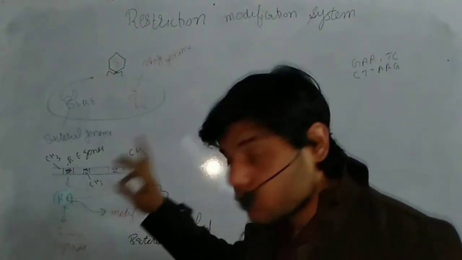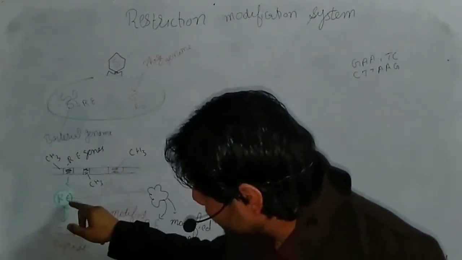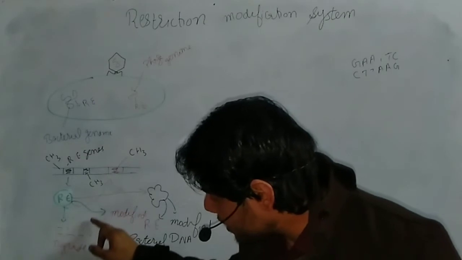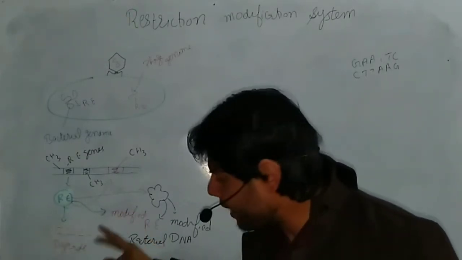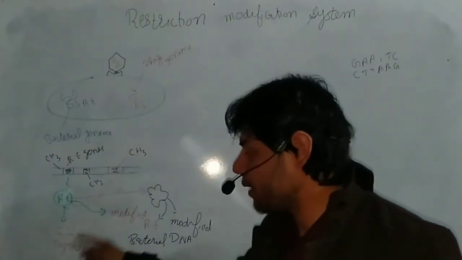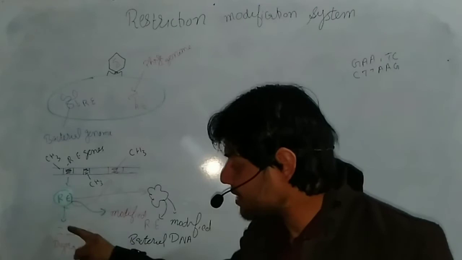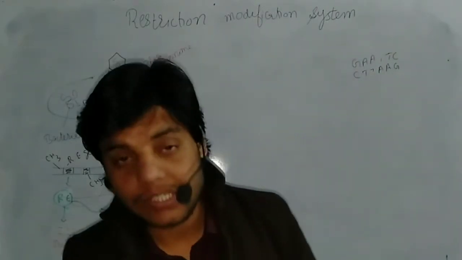Okay, it is your own part, so you don't cleave it. Then it will find the same restriction site sequence here, and then cleave the foreign DNA. Because the foreign DNA is not methylated, the foreign DNA will be degraded. So this is called the restriction modification system.